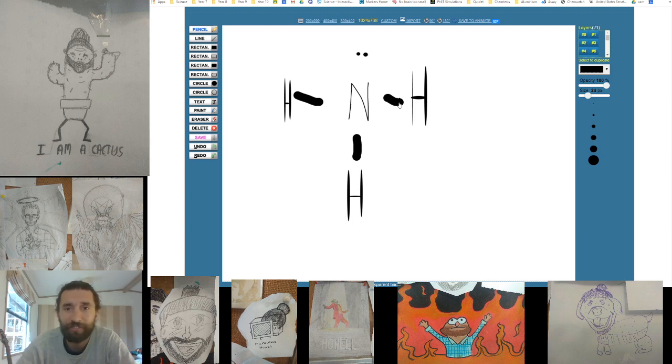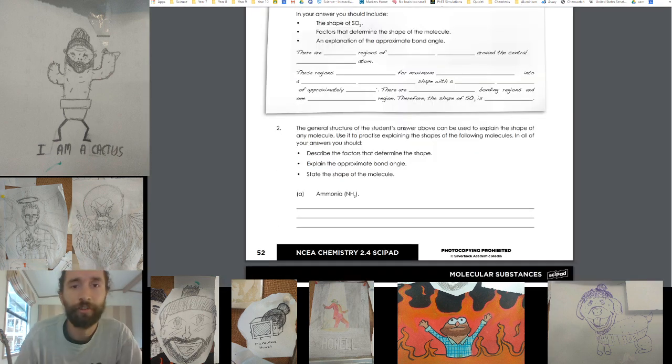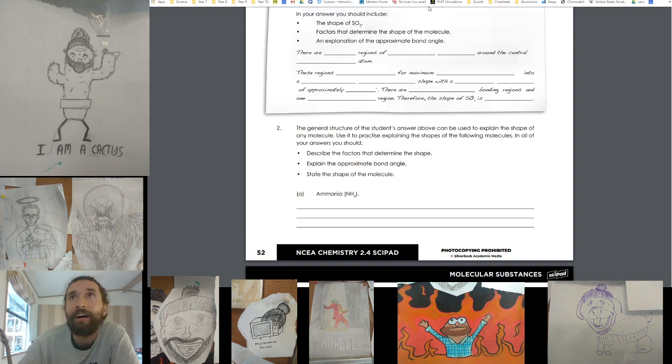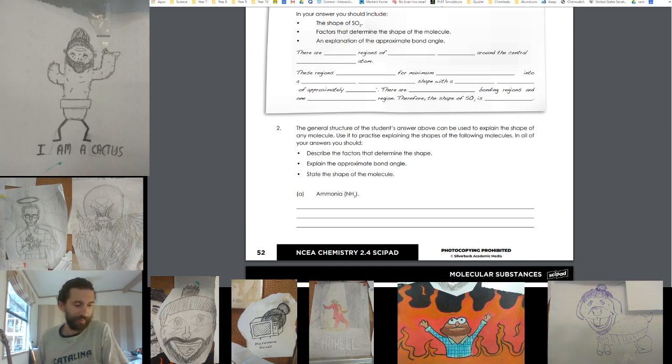Now we have to justify the shape of it. All right, so first what I'll say, we're just going to use this exact same recipe. There are four regions, 1, 2, 3, 4 regions of negative charge around the central nitrogen atom.